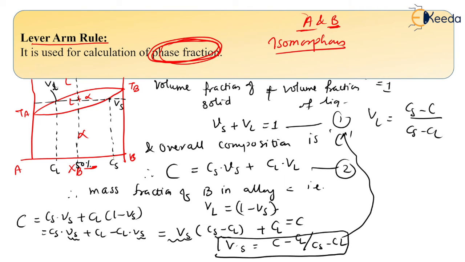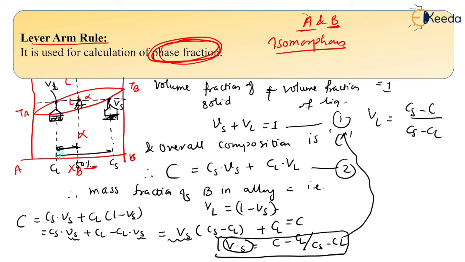So anywhere you can see here, if I put my fulcrum here, these are the volume fractions in solid or liquid. If I want to find the volume fraction in solid, it is equal to C minus Cl divided by Cs minus Cl.